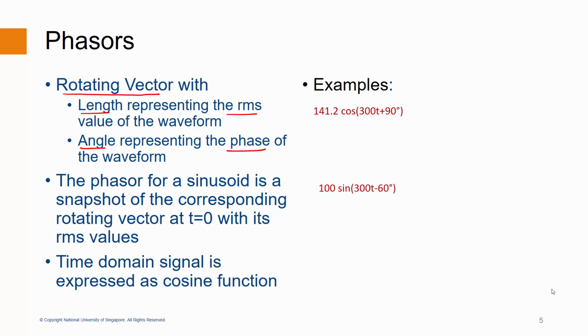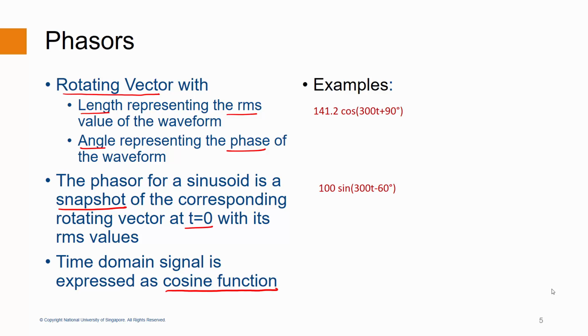The phasor for a sinusoid is a snapshot of the corresponding rotating vector at t equal to 0 with its RMS values, and the time domain signal is first expressed as a cosine function before its phasor can be described. Let us draw the phasor for these two examples.